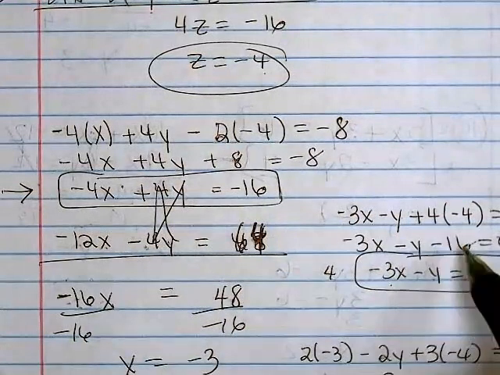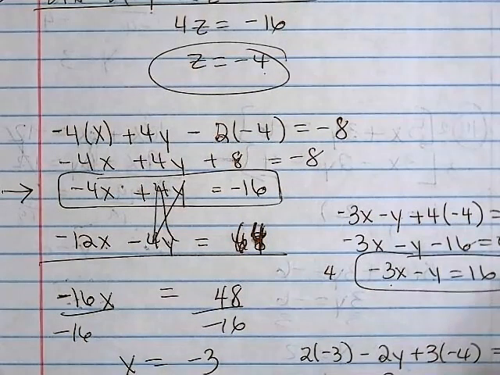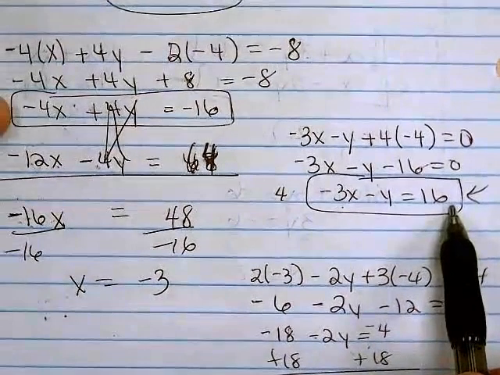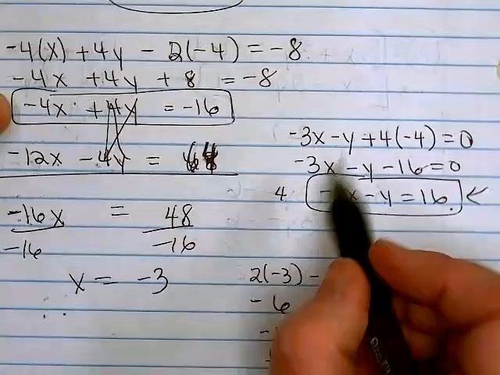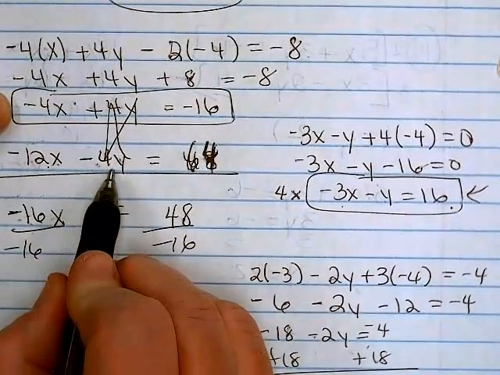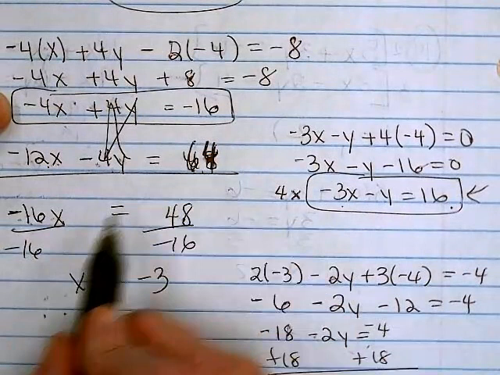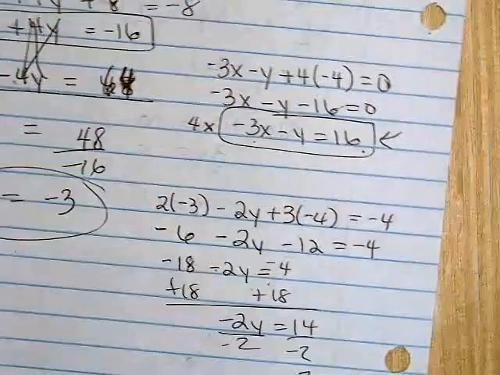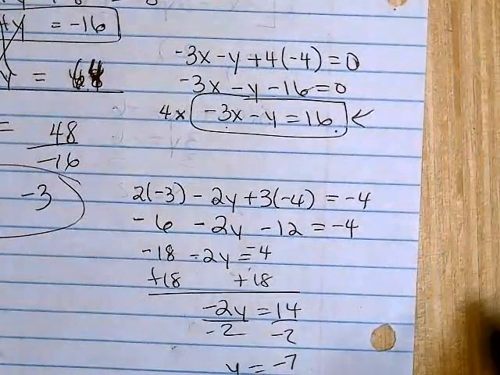We plugged that into equation 2, and we got this equation. We combined those by multiplying everything in here times 4. That gave me negative 12x minus 4y equals 64. That helped me determine that x was negative 3. And that gave me negative 7. Okay.